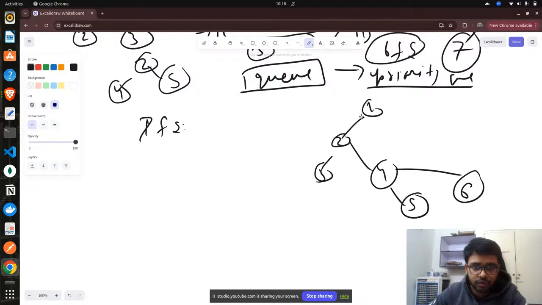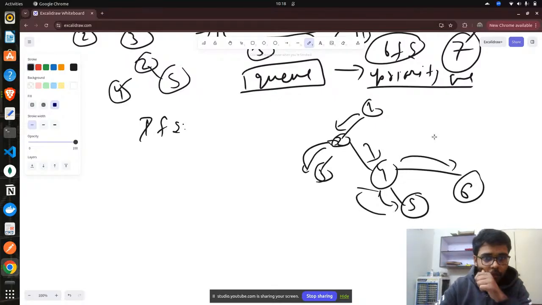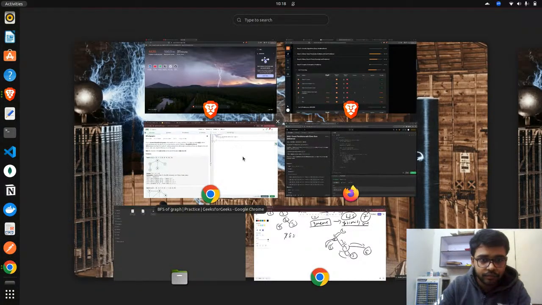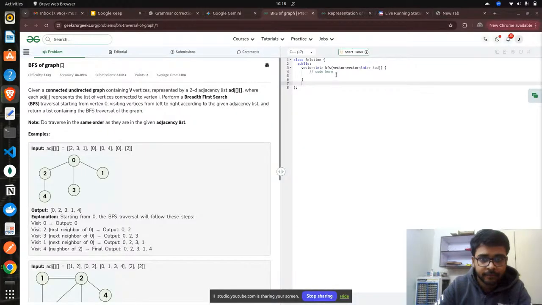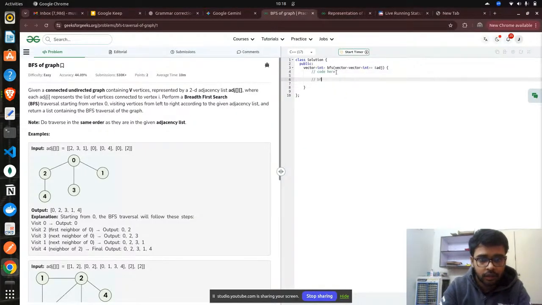With the recursive method, we will go 1 to 2, then 3, then come back. So it's like a backtracking thing, pretty easy. So let's implement both. BFS representation of graph.